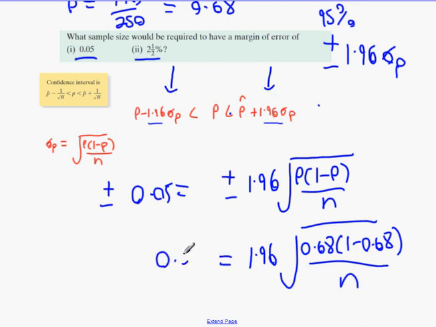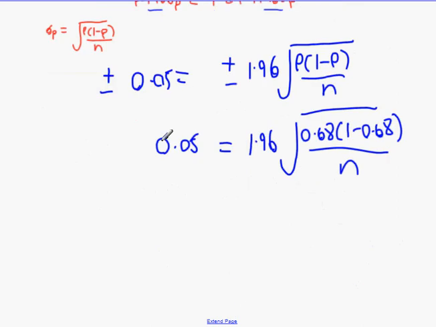Okay, first thing I want you to do is divide 0.05 by 1.96. Give it as a fraction if you want, fractions are okay. 0.0255. Okay.